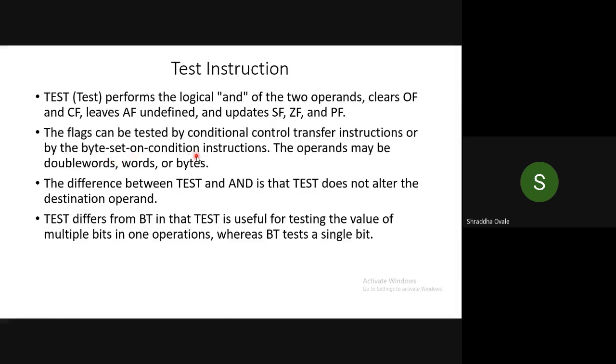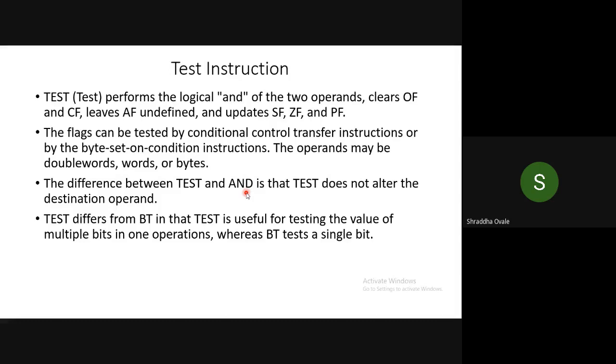These operands may be word, double word or byte. The difference between test and logical AND is that test does not alter the destination operand. Alter means what? To update or modify. And what does logical ANDing do? Logical ANDing will actually alter or modify your destination operand.